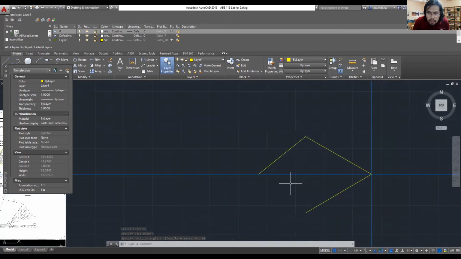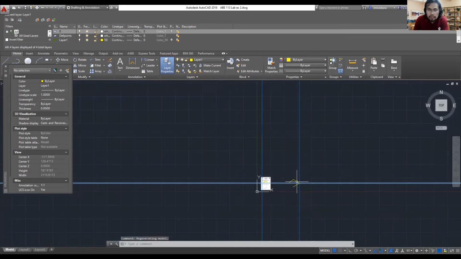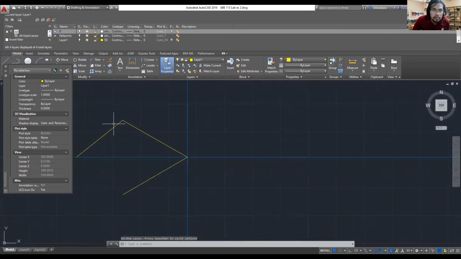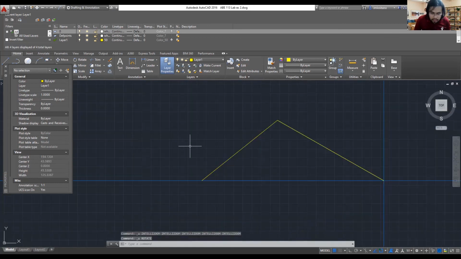Sorry, I think I have to zoom this. All right, I think it's more than that. We can try, for example, 30 degrees. Or maybe 15, just 15.